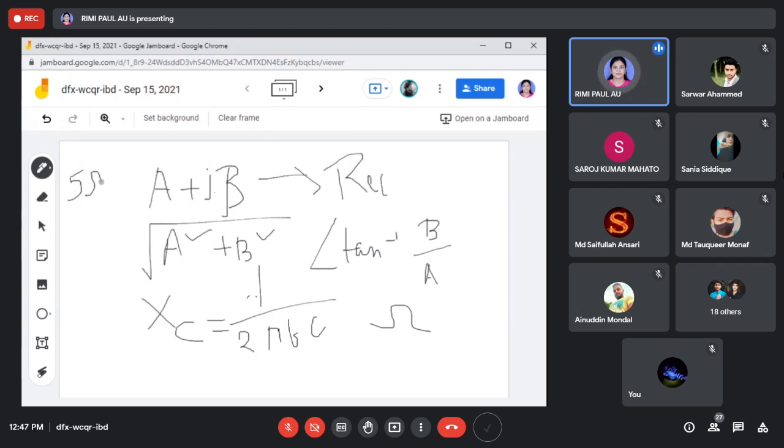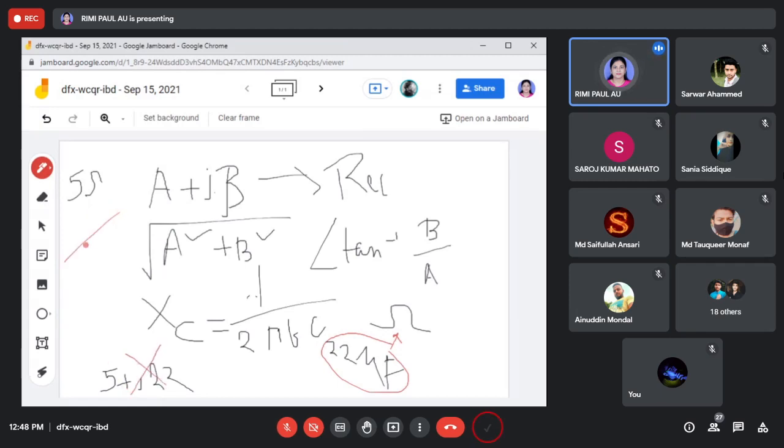Suppose C is given as 22 microfarad, you cannot write 5 plus J22. If you write it, it will be wrong. First you have to convert this 22 microfarad to ohm. Then you can add.